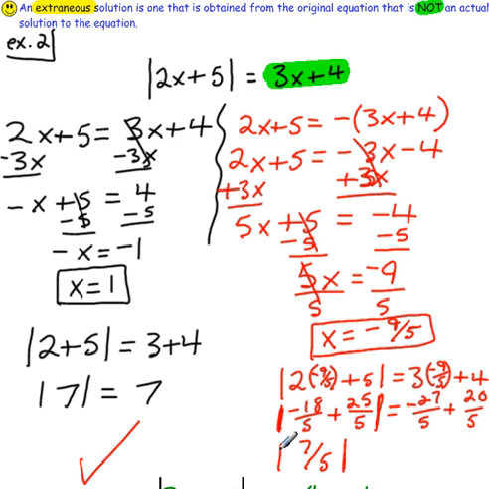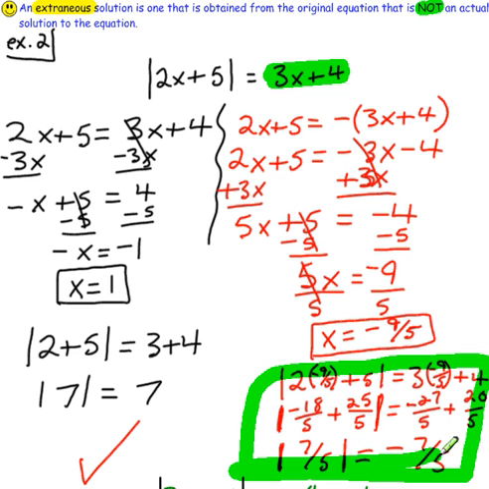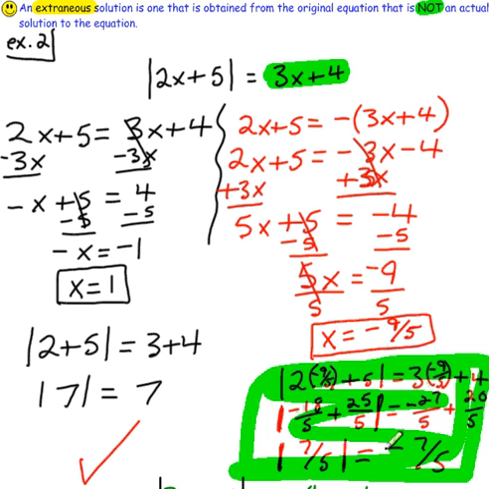Keep in mind, we are still inside absolute values. The absolute value of no number will ever give you a negative result. And if you'll notice, negative 27/5 plus 20/5 is negative 7/5. So, here's the deal. This entire right side number just did not work.